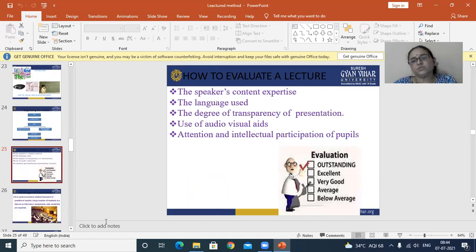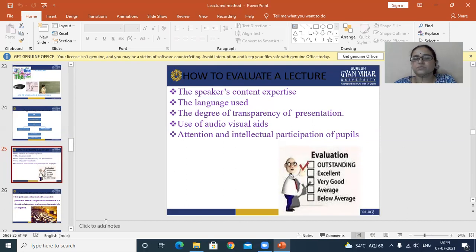How to evaluate a lecture? The speaker's content expertise, the language used, the degree of transparency of presentation, use of audio visual aids, attention and intellectual participation of pupils.